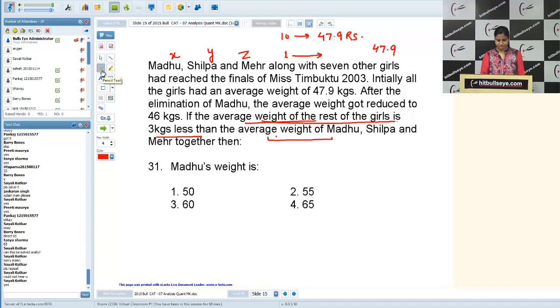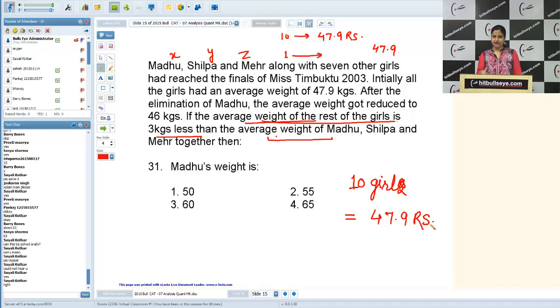Once again, see, you will consider that there are 10 girls sitting in a room and every girl has 47.9 rupees in her pocket. One girl, Madhu, is moving out. Suppose she is moving out with 47.9 rupees only, then the average of the remaining girls will be the same always, but the average comes out to be 46 rupees.